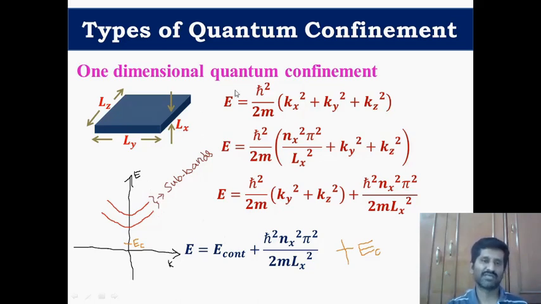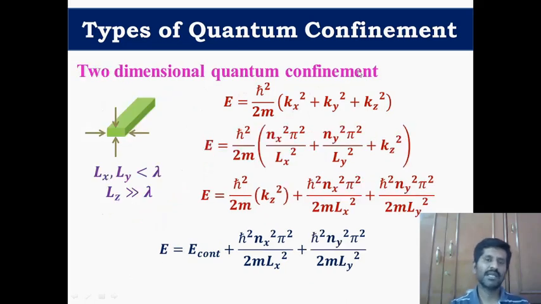So one-dimensional quantum confinement will not generate a perfect discrete energy distribution, so it is a partially confined structure. In two dimensions, you can substitute both kx and ky with the quantum numbers since they are discrete.